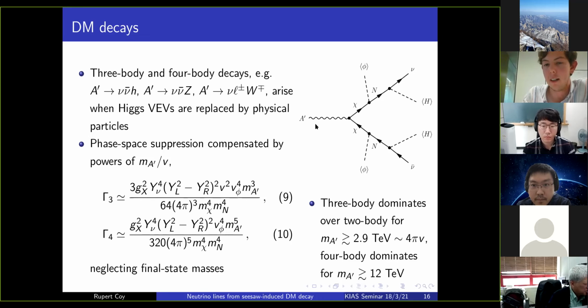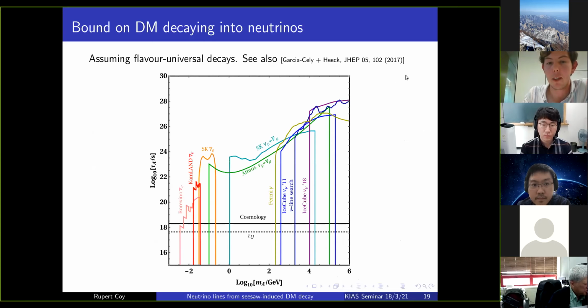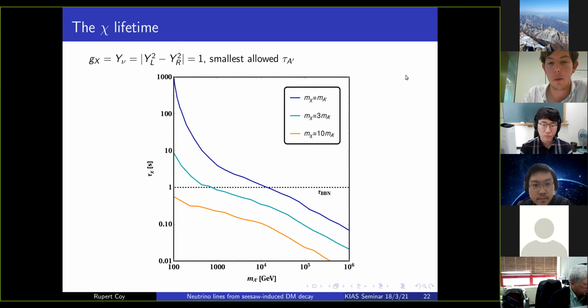So the width for A prime to nu nu bar is 1 on mn to the fourth, whereas the chi decays as 1 on mn squared. So it's a much faster decay. In fact, we were worried that it would interfere with BBN, but we found that the lifetime of the chi should be less than 1 second to avoid BBN and other issues. So in this case, the chi is not dark matter. It has to decay early on, and it's just the A prime.